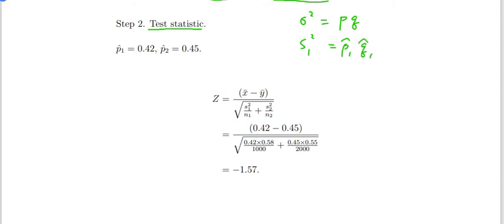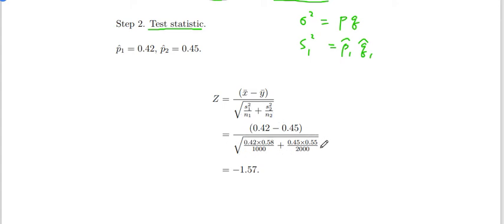So p1 is 42, so 42 multiplied by 58 divided by n1, which is 1,000, plus s2, which is 45 multiplied by 55 divided by 2,000.